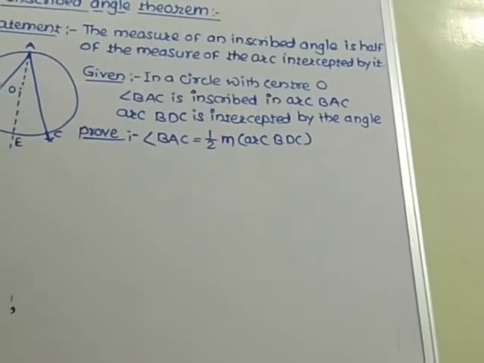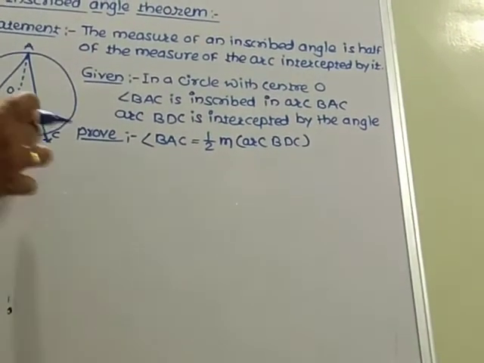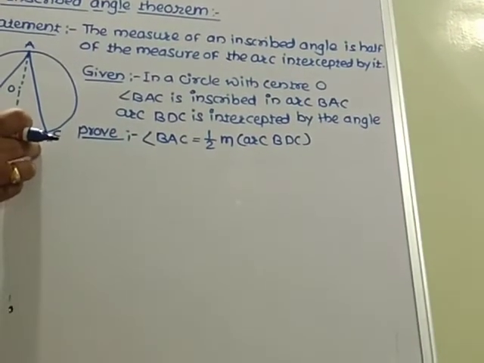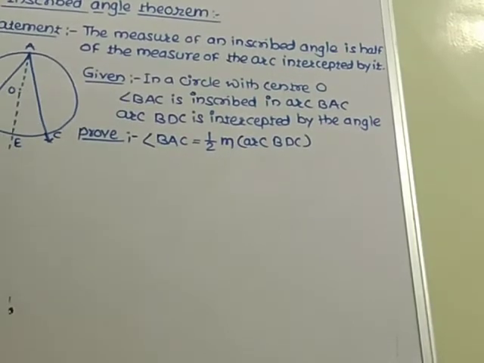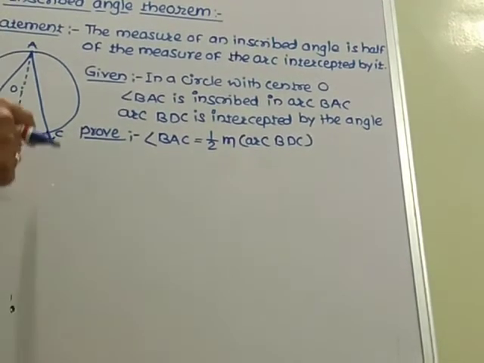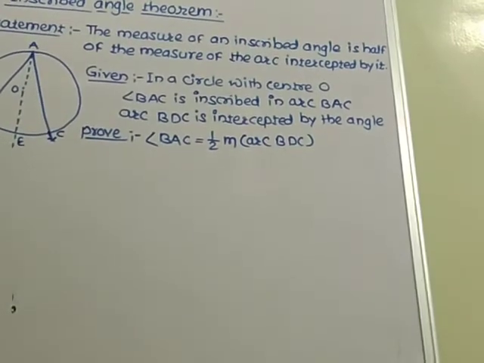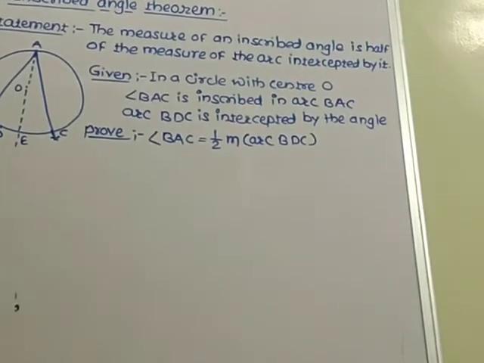That means measurement of BAC is half of BDC. Suppose BDC is 80, then measure of angle BAC is 40; if it is 100, then BAC is 50. The angle is half of the arc. That is the theorem. Okay, construction.